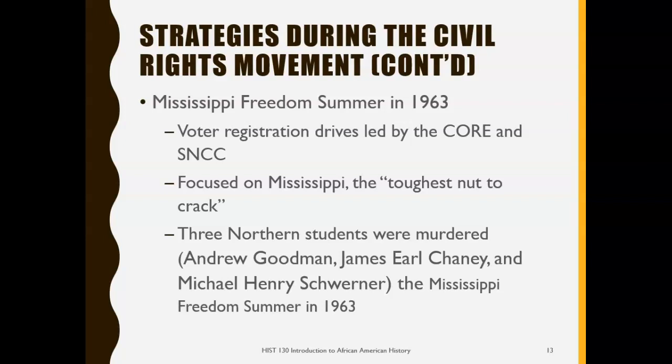So students, mostly white students from the North, rode buses and went to the state of Mississippi to help black people to register to vote. But 3 of these students were murdered, and these students were Andrew Goodman, James Earl Chaney, and Michael Henry Schwerner. You may have heard of the names of these students, and they were part of this Mississippi Freedom Summer of 1963.